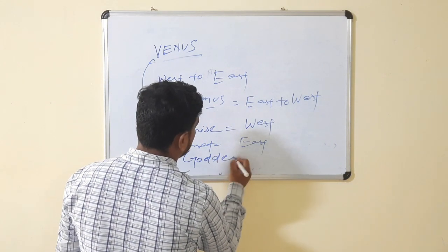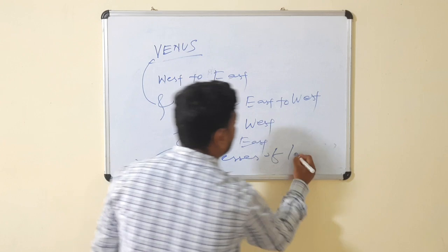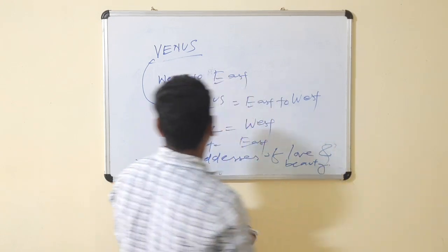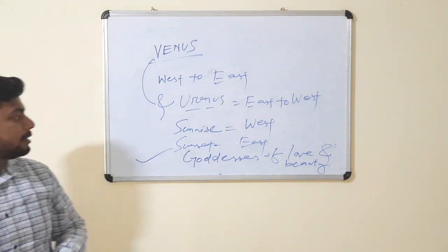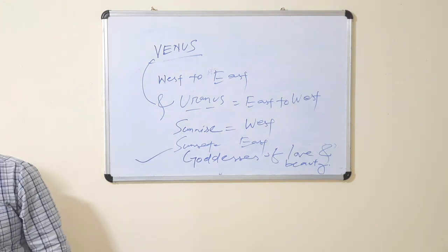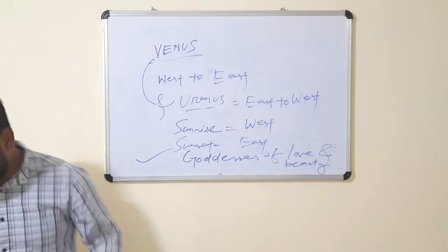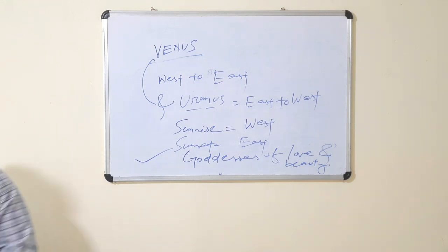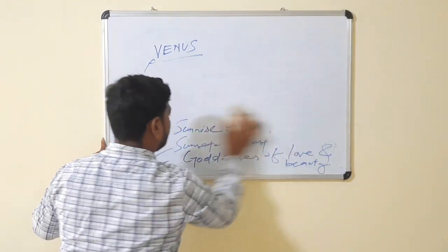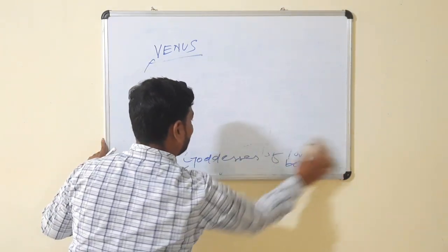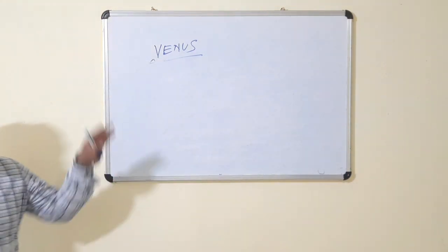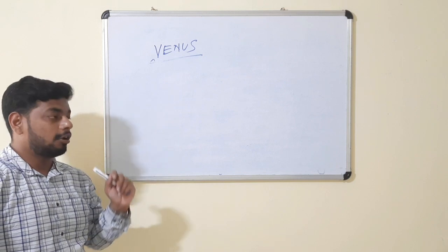So Venus is named after the goddess of love and beauty. Please note it.